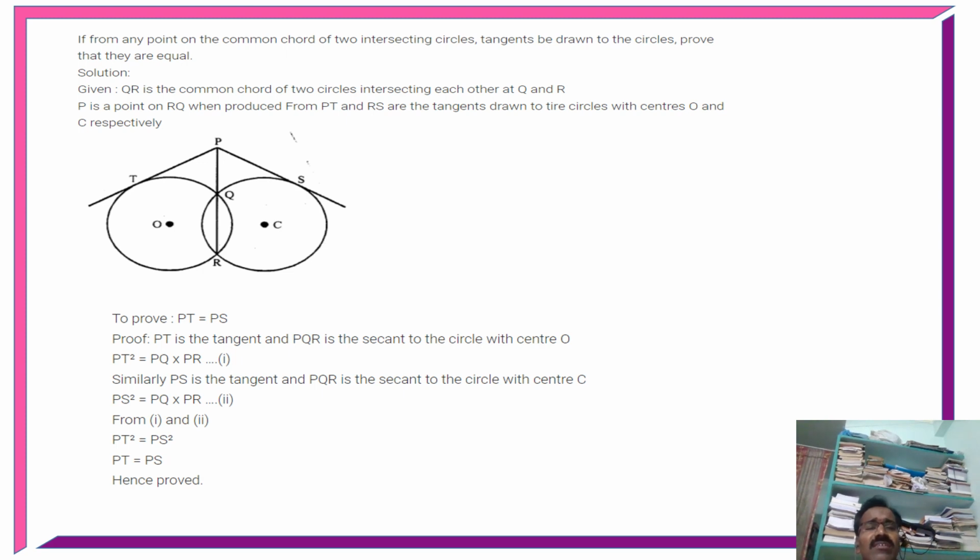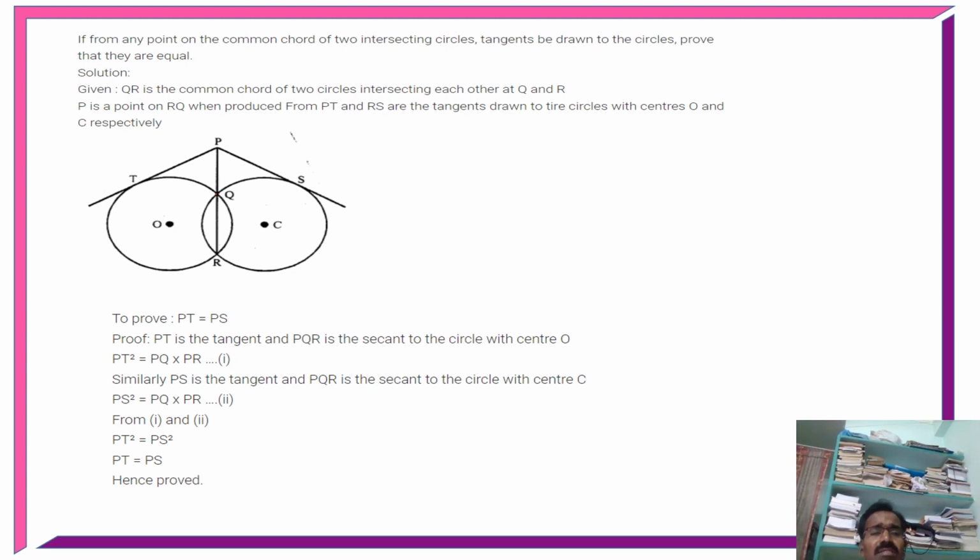PT is tangent to one circle, PS is tangent to the other circle, and the common chord is QR. How to prove? Here we have to prove PT and PS are equal.